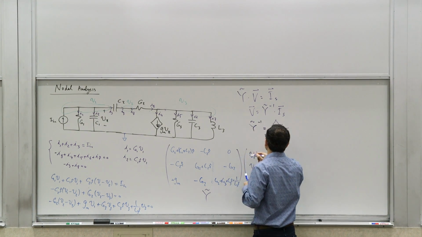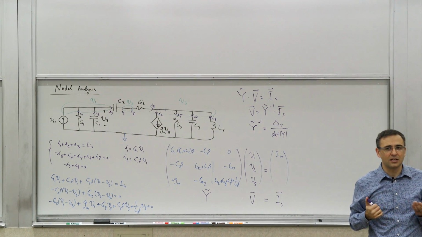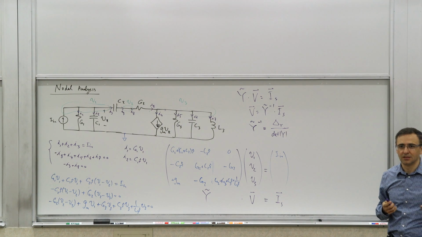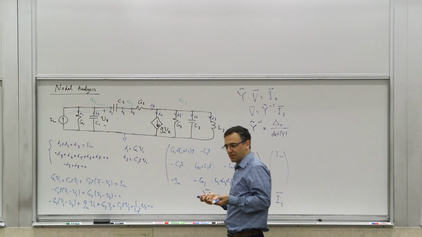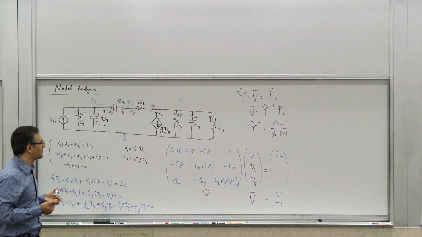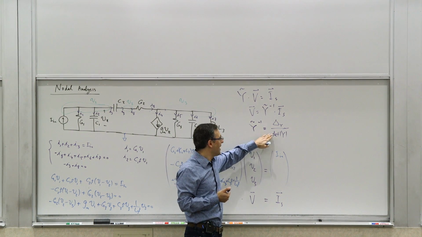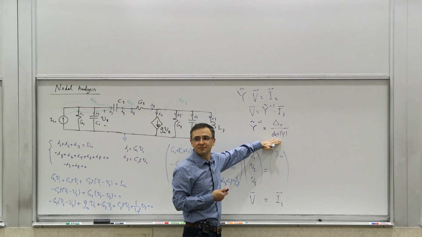The key point is that, first of all, for this inverse to exist, the determinant needs to be non-zero. So this matrix cannot be singular, as we know from linear algebra. In other words, this inversion blows up when the determinant is 0.